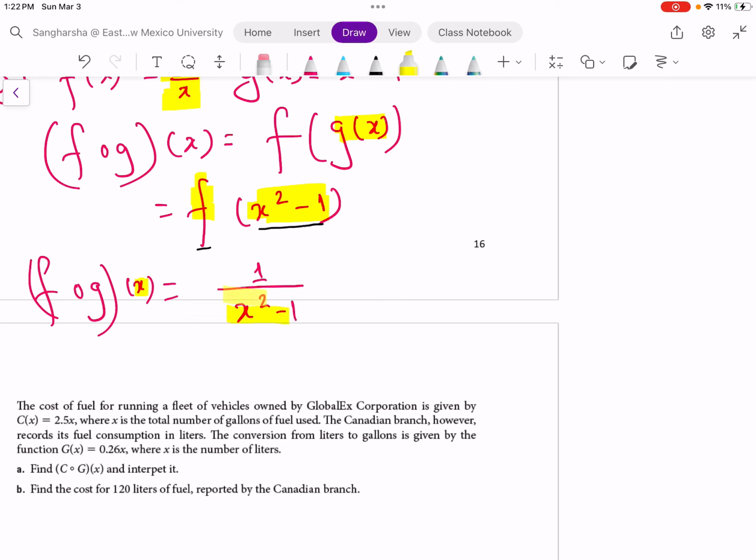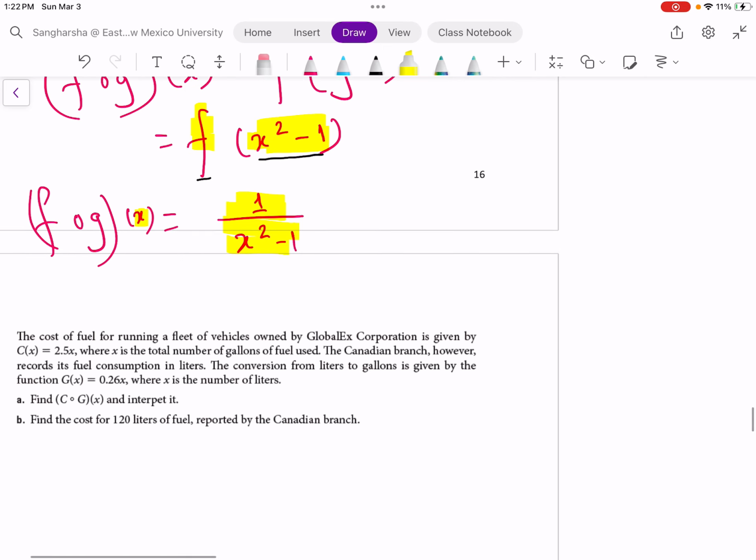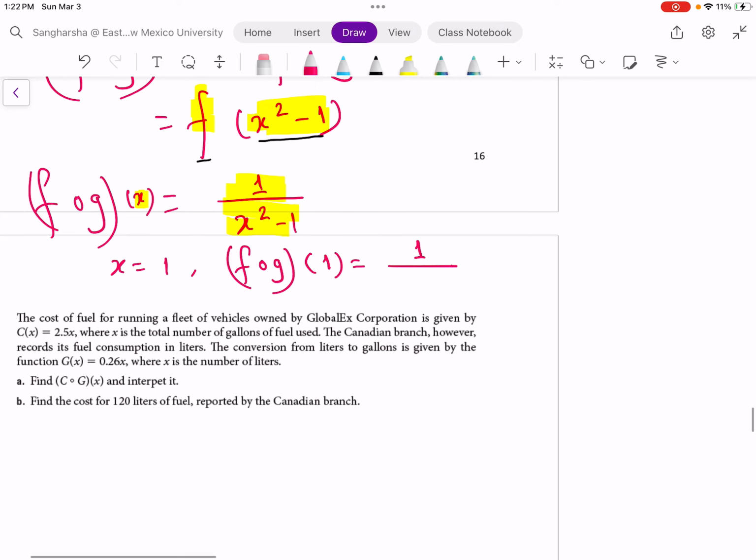Now in this expression, if we choose x equals positive 1 or x equals negative 1, our output is undefined. For example, if you choose x equals 1 as your input, then f composite g of 1 equals 1 over, you substitute 1 for every x, 1 squared minus 1, and this is 1 over 1 minus 1, which is 0, and this is undefined.